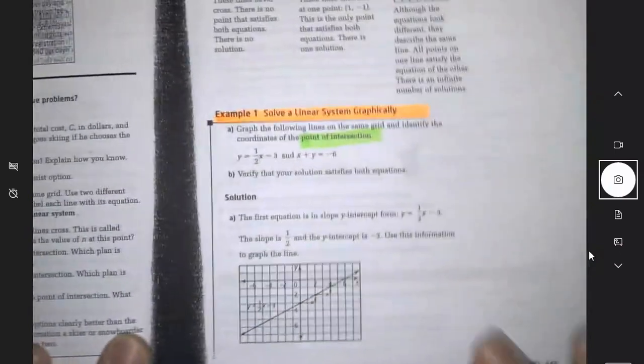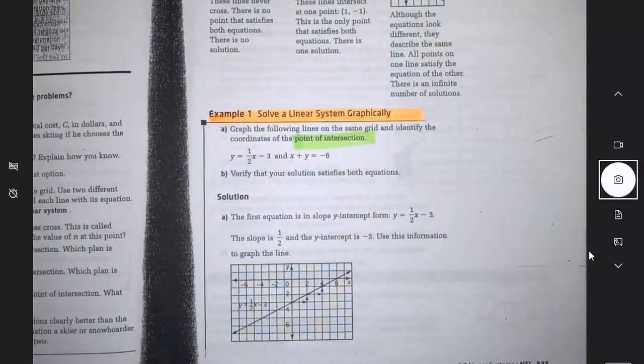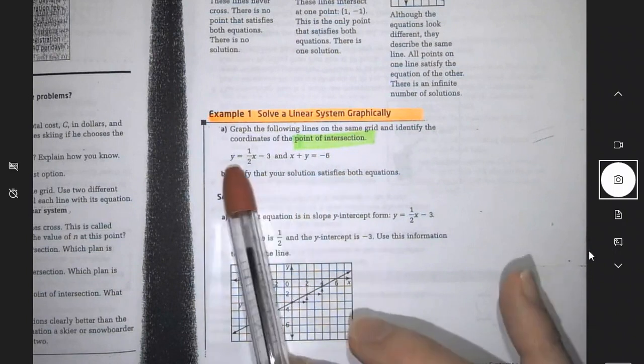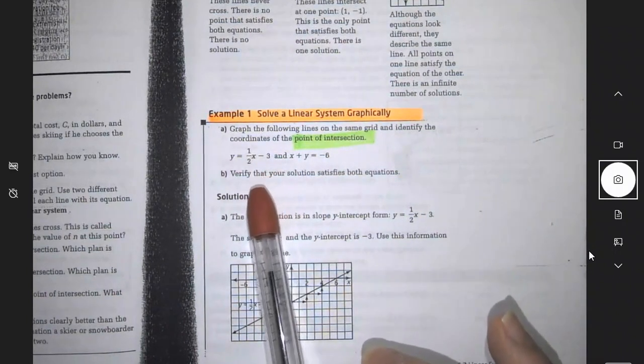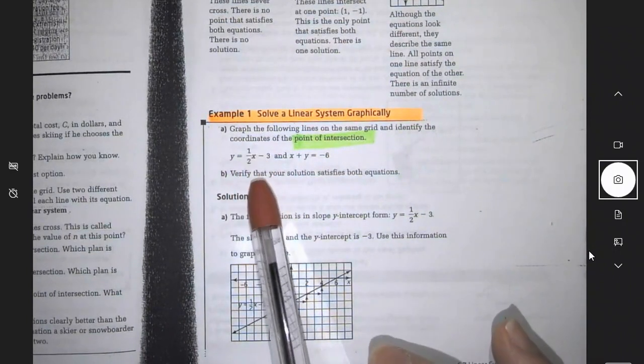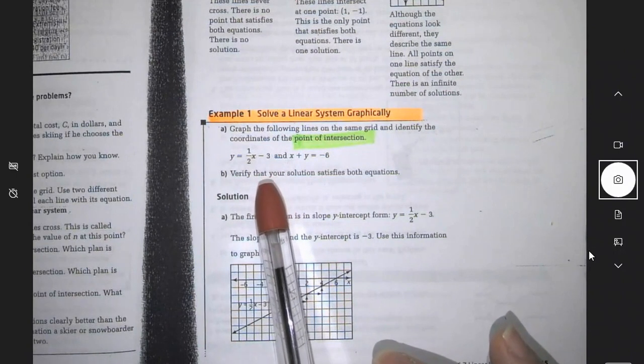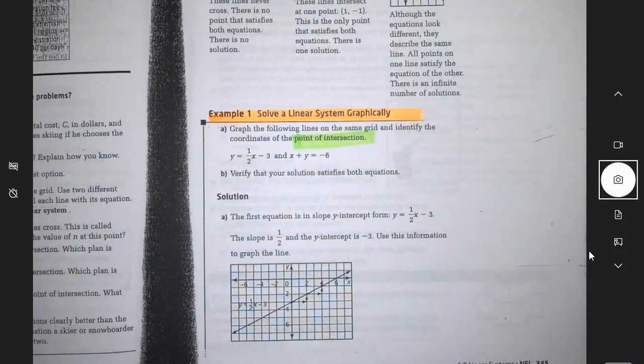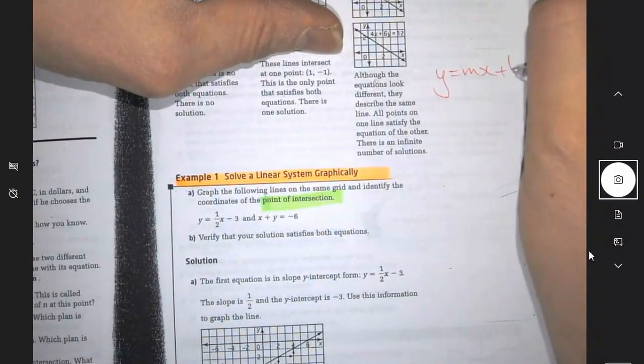So let's look at this part here. Now, the first equation here, y equals 1/2 x minus 3, is already in the y equals mx plus b form. Remember, y equals mx plus b form.